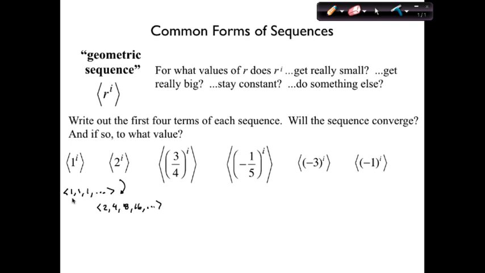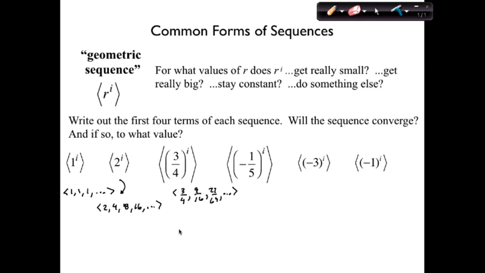Does it get as close as you want to a particular number? Yes. They're all 1s. So that converges to 1. Pick any degree of closeness to 1, and it'll always be within it, right? Because it is 1. How about this one? Divergent. What about this? 3/4, 9/16, 27/64. What do you think about that one?